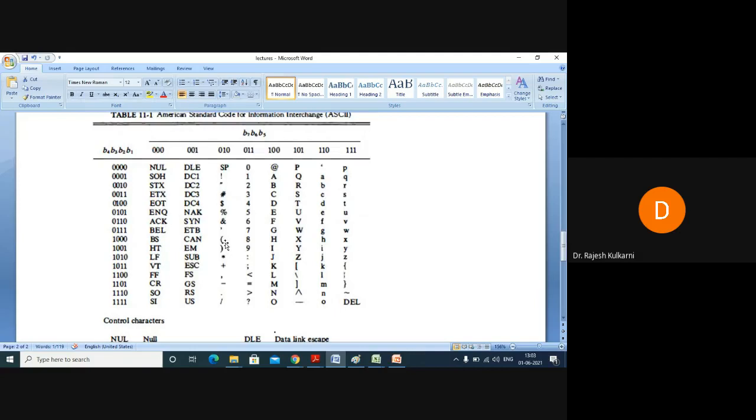I request you to just focus on character A. By looking at this table, somebody please answer me, what is the ASCII code for character A?